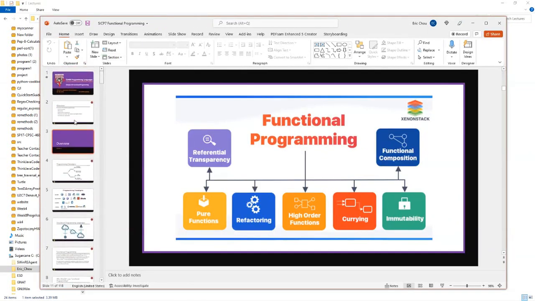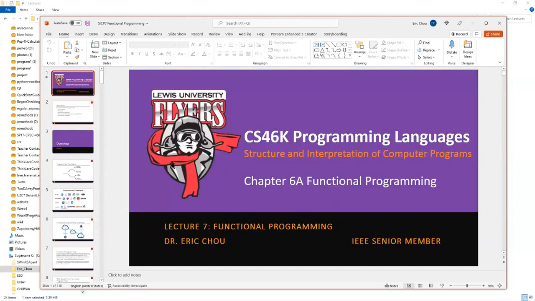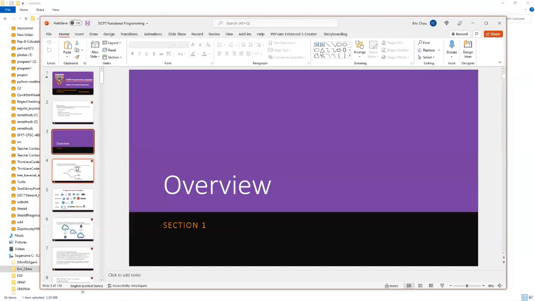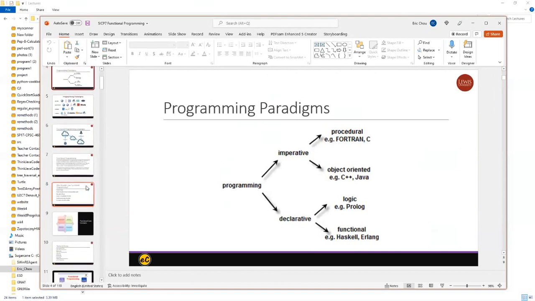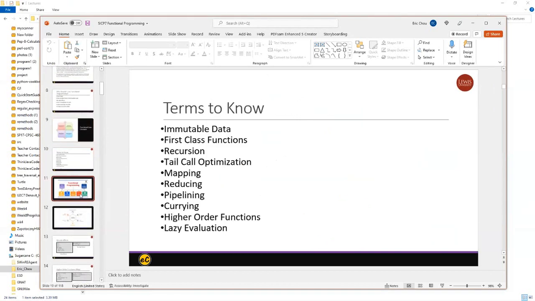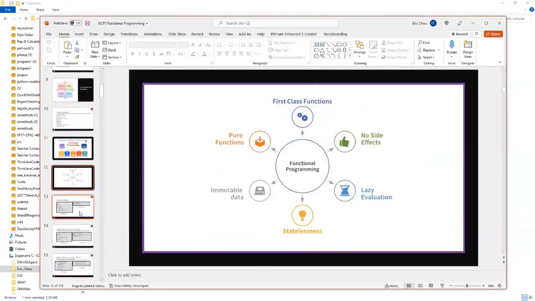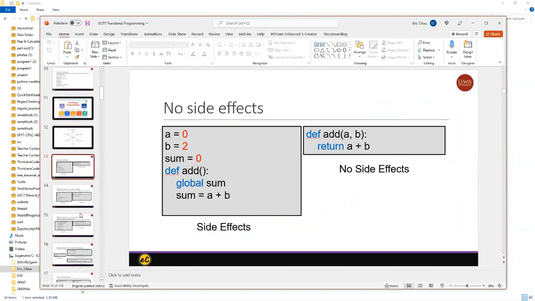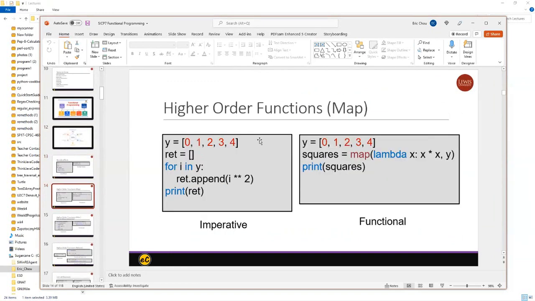From lectures 7 and 8, functional programming is a totally new programming paradigm, so you need to pay more attention to it. It's totally different from the way you do Java or something else. Does the C language have functional programming? Yes, they have functional programming.